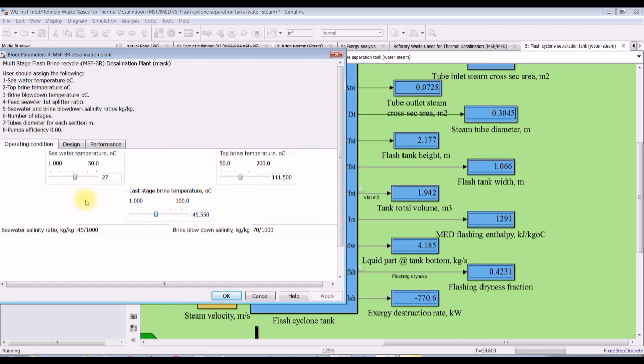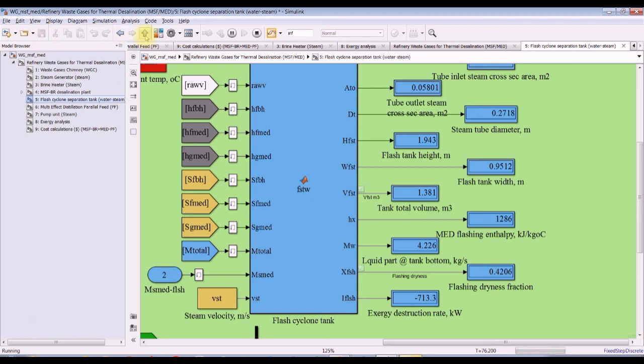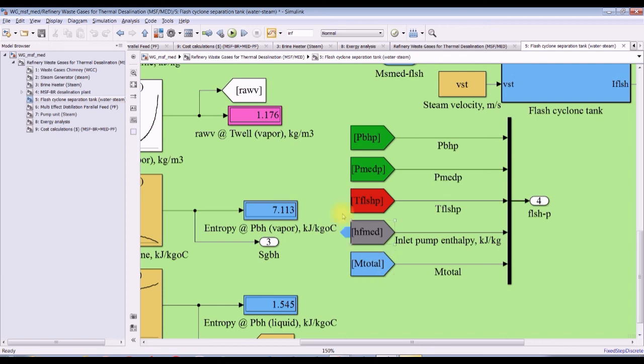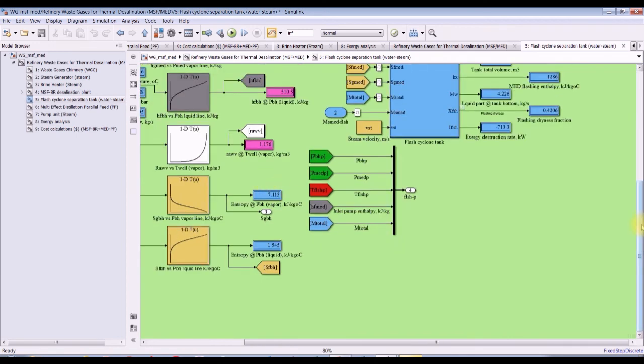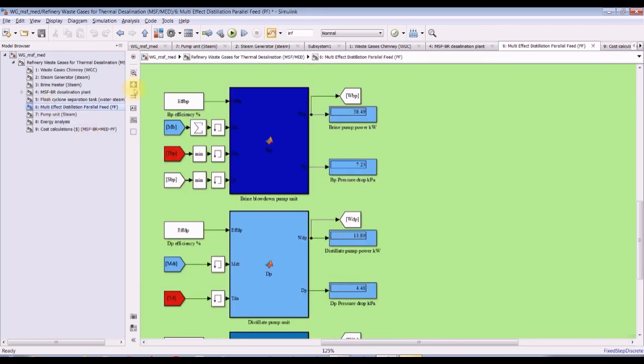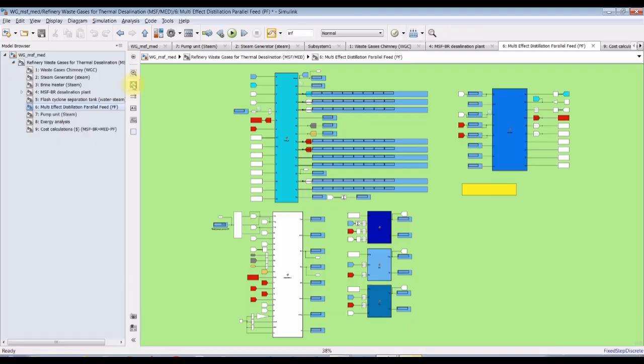I'm going to increase it up to 50, and you can see here. Okay, so we have here a dynamic model. It's up to you to assign your inputs based on which plant you are going to study, what is the performance, and you can enjoy many physical properties and energetic data and design aspects, and so on.